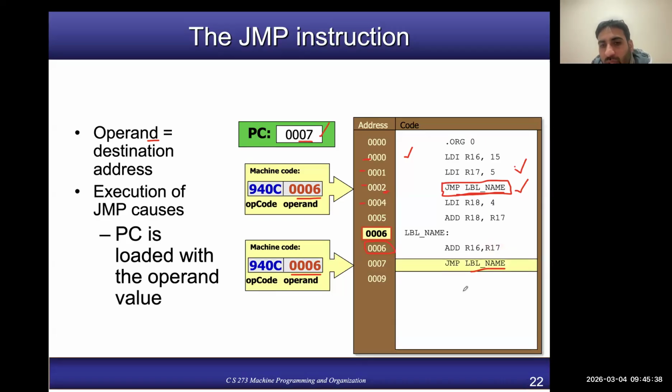When this instruction is executed, the destination address will be copied into the PC, which is again the same address 6. So we are again at the same instruction here. So it is like we are doing an infinite loop, going back and doing it forever. Okay. Any questions?